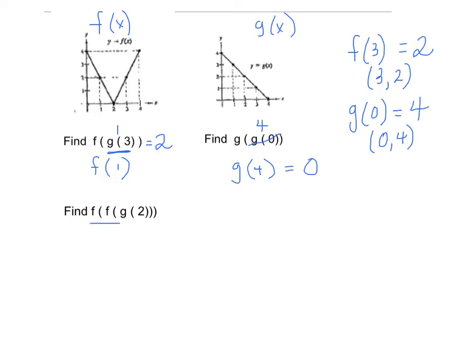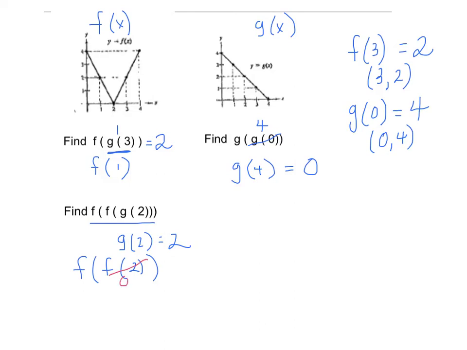This one's a little more complicated. F of g of 2. Still work from the inside out. So g of 2, I go to the g graph. G of 2 is 2. So g of 2 is 2. All right, so I have f of 2. So now I'm on to the f graph. F of 2 is 0.